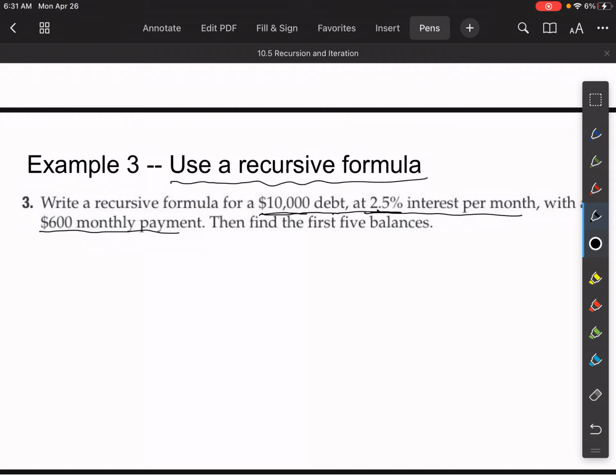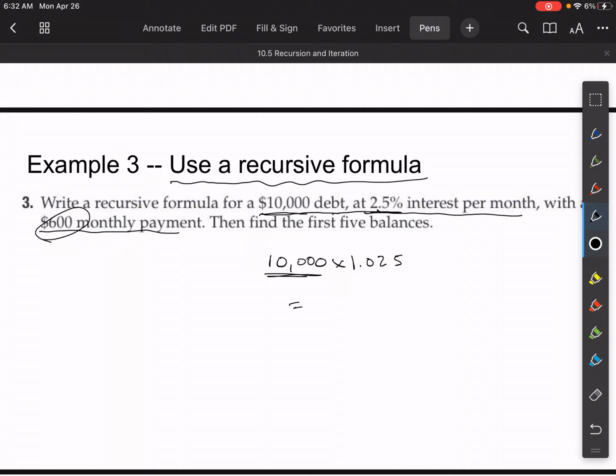What I'm going to do is, if I didn't make a payment and I wanted to know what the next one was, if there was no payment made, just to be clear about this, then the next month we'd have the $10,000 principal. We have to multiply that by 1.025. Okay, and if you do that, that would give you your new debt, assuming you didn't make a payment.